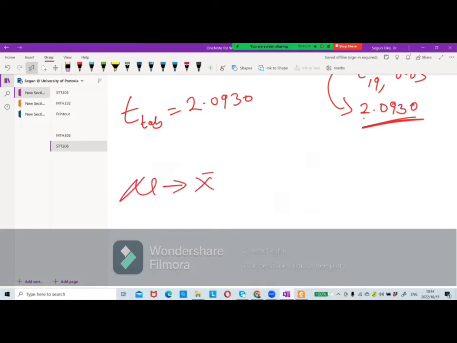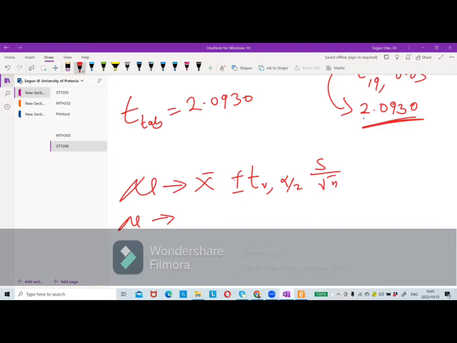Our mean is X bar plus or minus T, alpha over 2, S over square root of N. What is X bar?